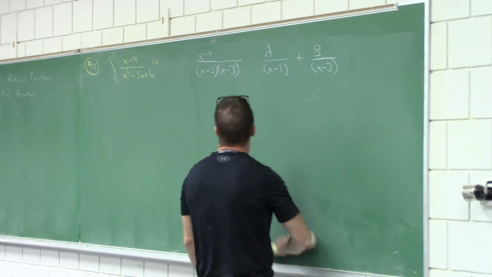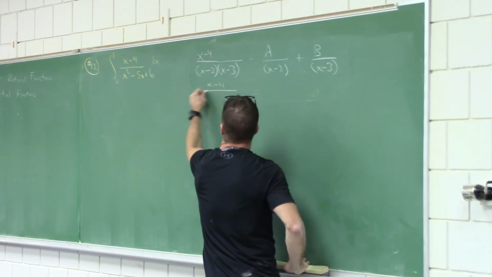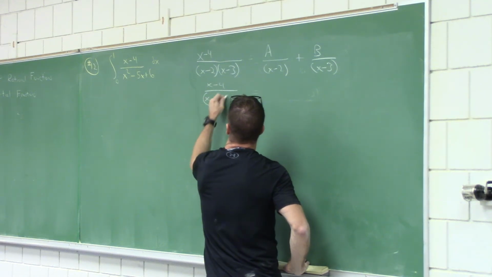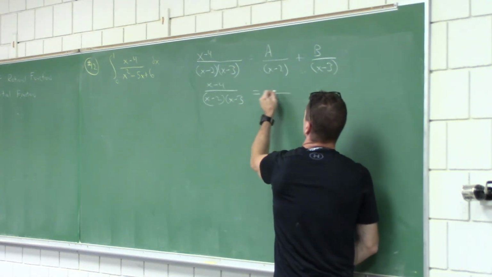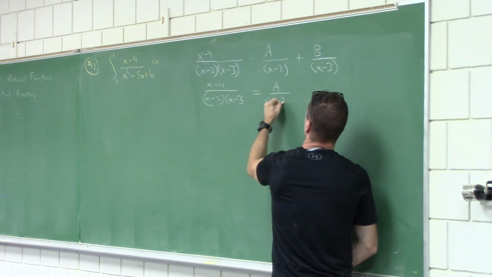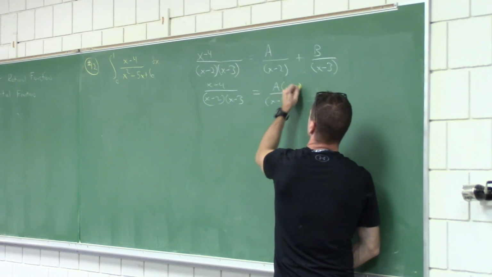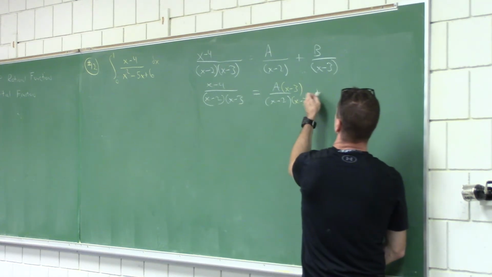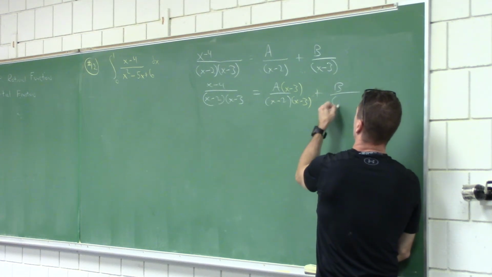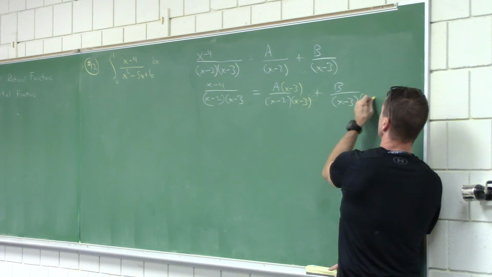All right. So how do I add with common denominators? A over x minus 2, what do I have to multiply? X minus 3, x minus 3. Plus B over x minus 3 times x minus 2, x minus 2.